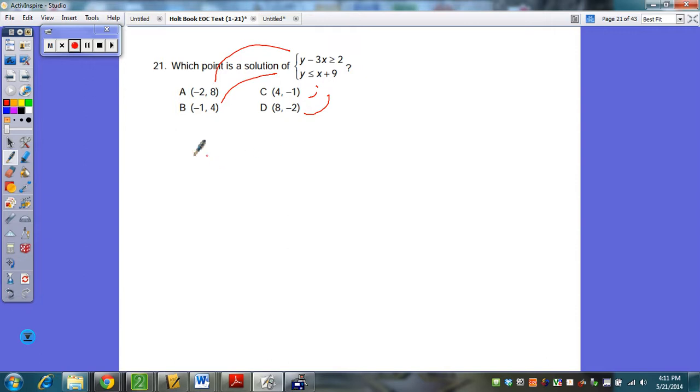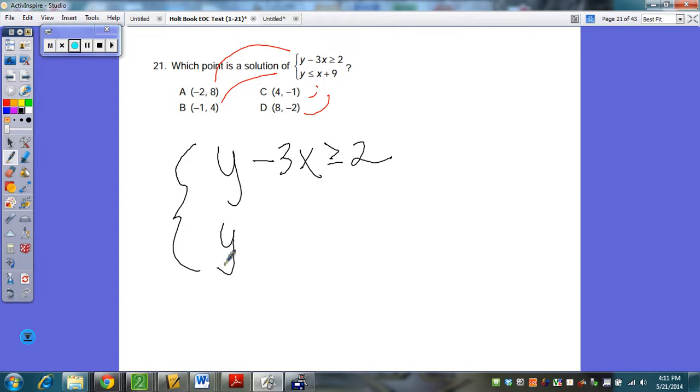For example, I have the system here, y minus 3x is greater than or equal to 2, and y is less than or equal to x plus 9. So let's say we plug in negative 2 and 8. Let's see what happens.